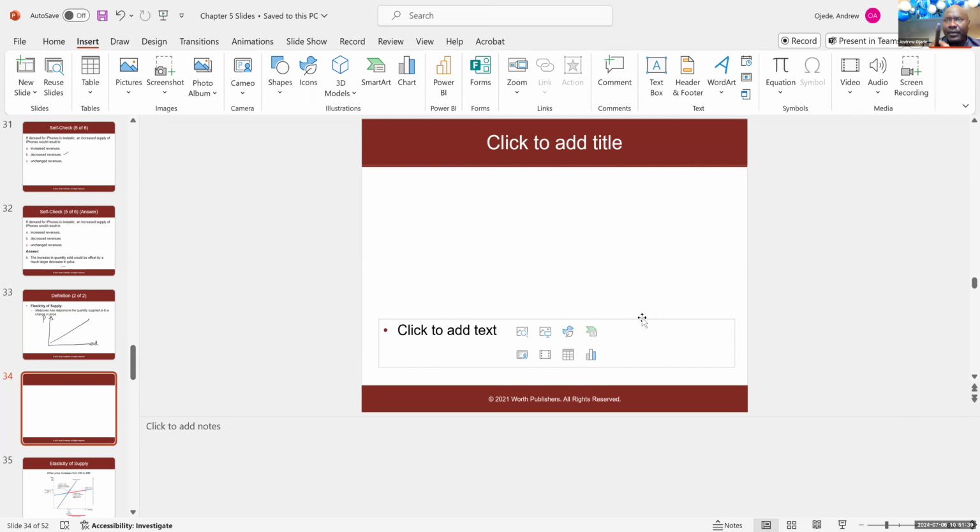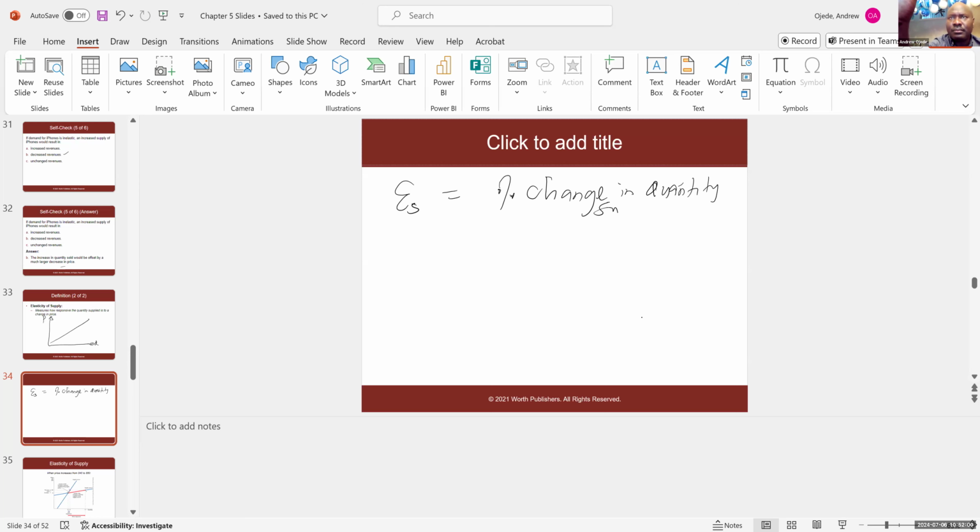The general formula for elasticity of supply is the percentage change in quantity supplied divided by the percentage change in price. That's the general formula, but I'm also going to show you the midpoint formula.